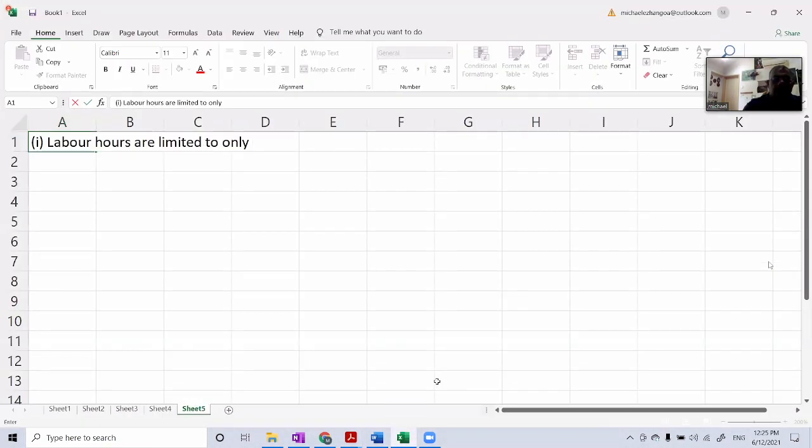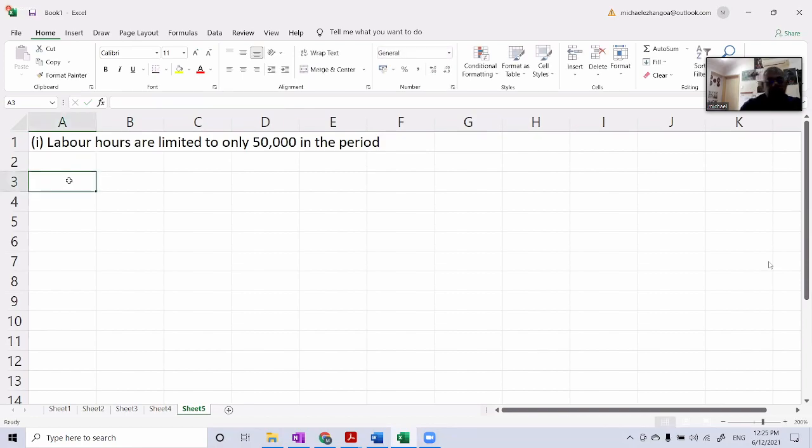Yes. The period. Now, the first working, we need to work out.